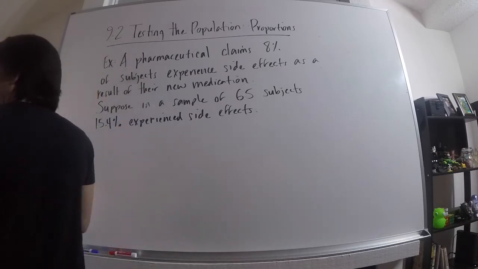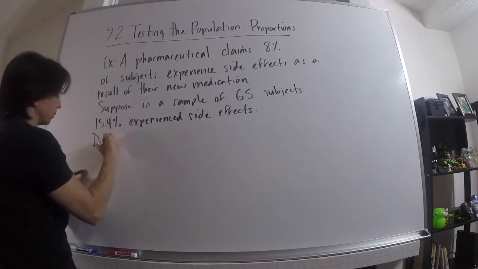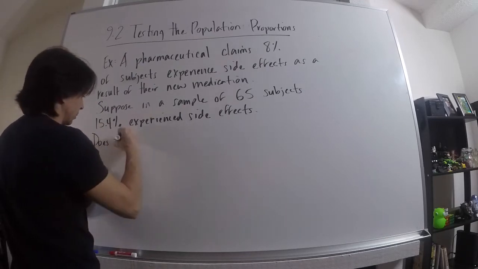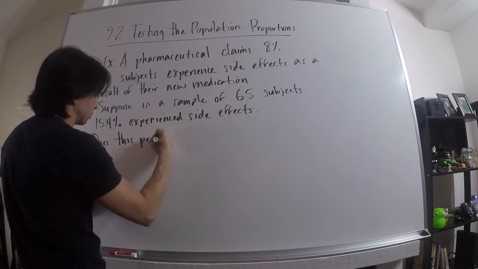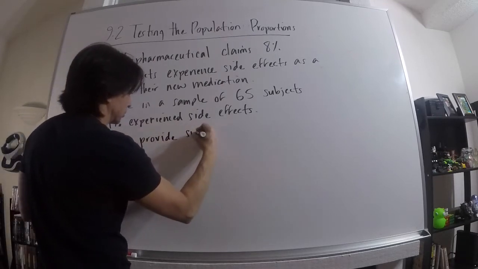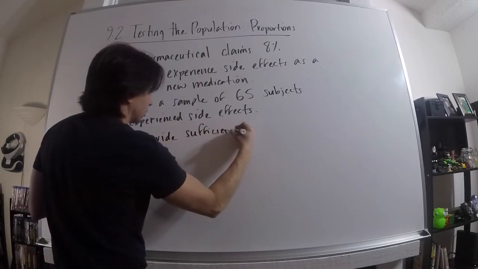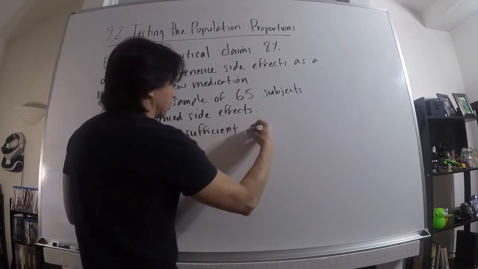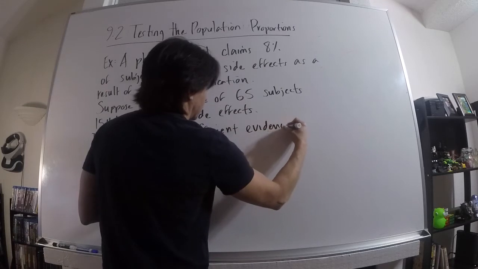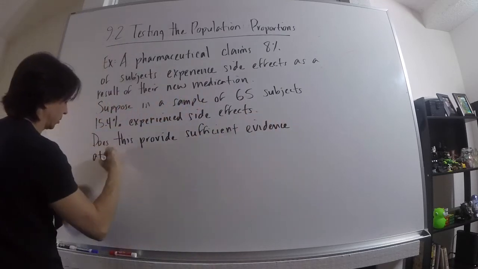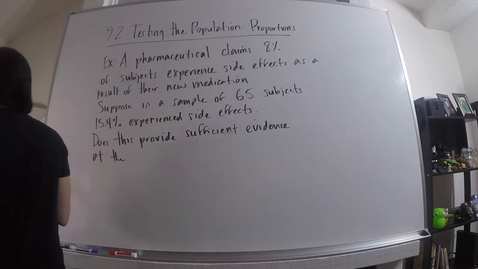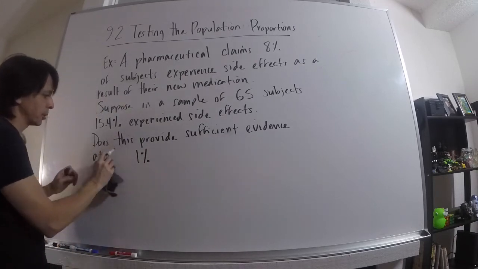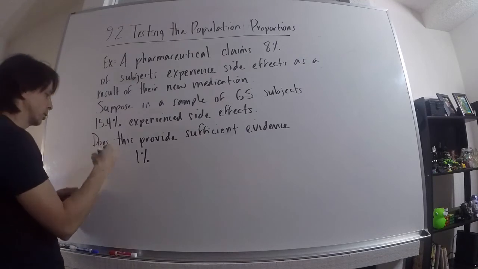Does this provide sufficient evidence, so I kept it simple in the beginning, just sticking with 5%, which is usually the customary standard.